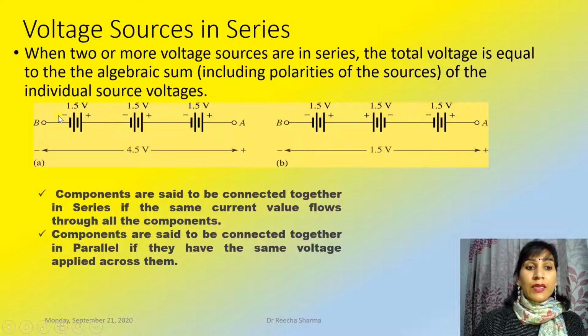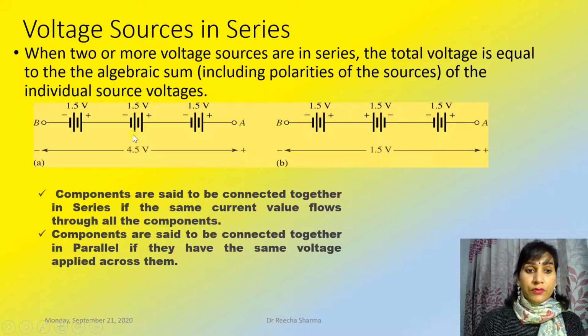They are connected as shown in the diagram: negative, positive, negative, positive, negative, positive. The positive of this is connected to the negative of the next. So this is a series combination. The total voltage is the summation of all three voltages, so the total is 4.5 volt.